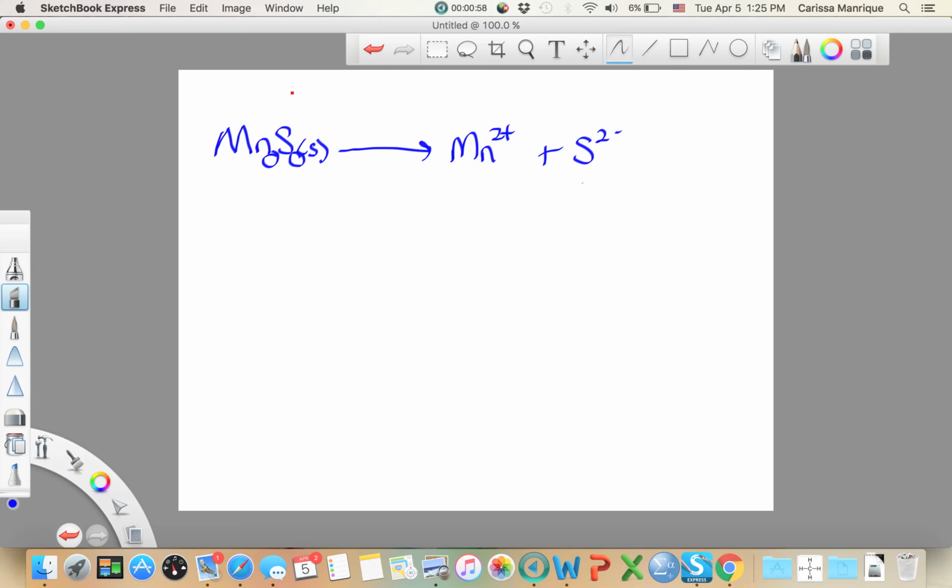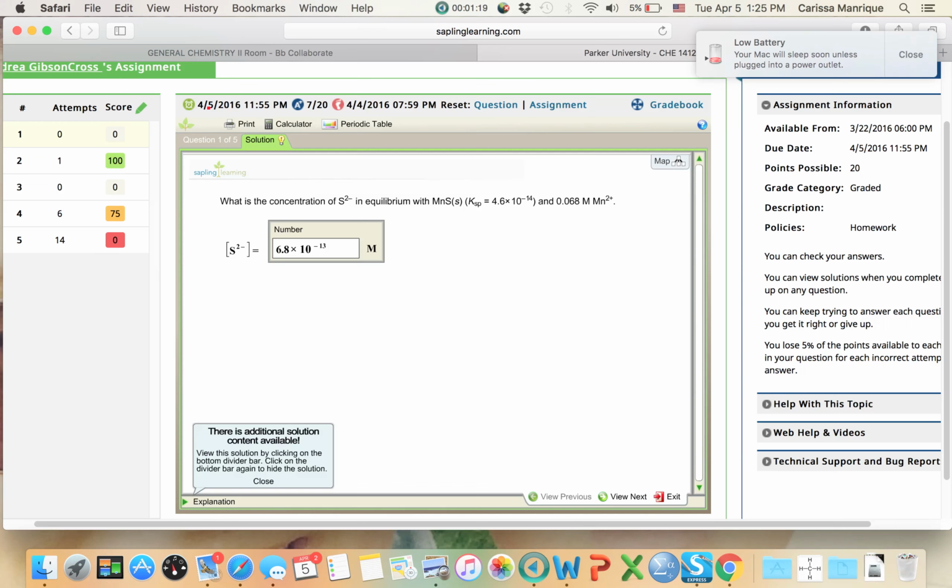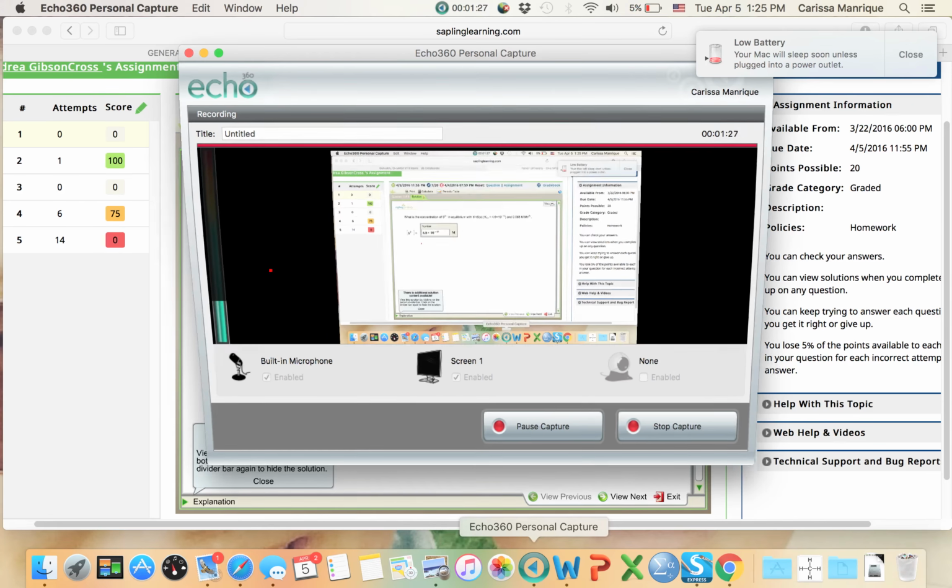What this tells me is that here at equilibrium we have 0.068 of manganese, because it said in equilibrium. So at equilibrium, this is what you have. This is your equilibrium value, so make sure you realize that's what that number is.